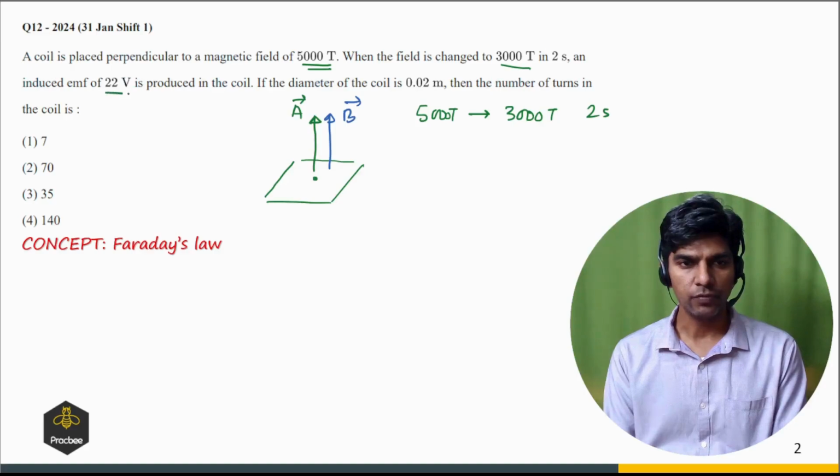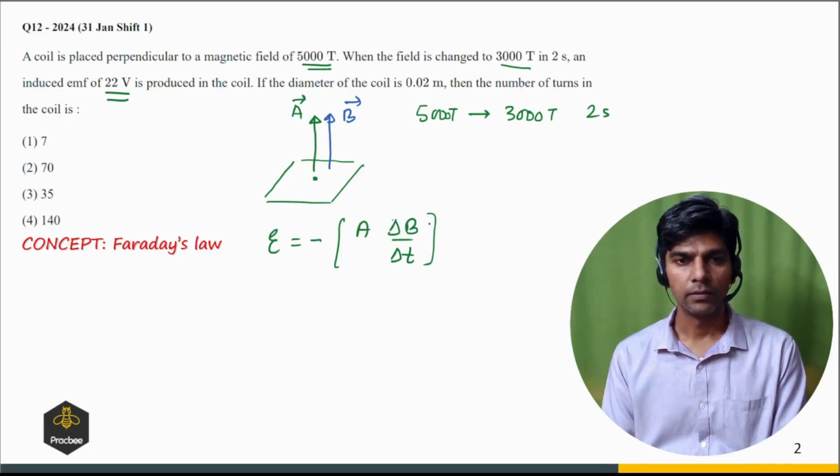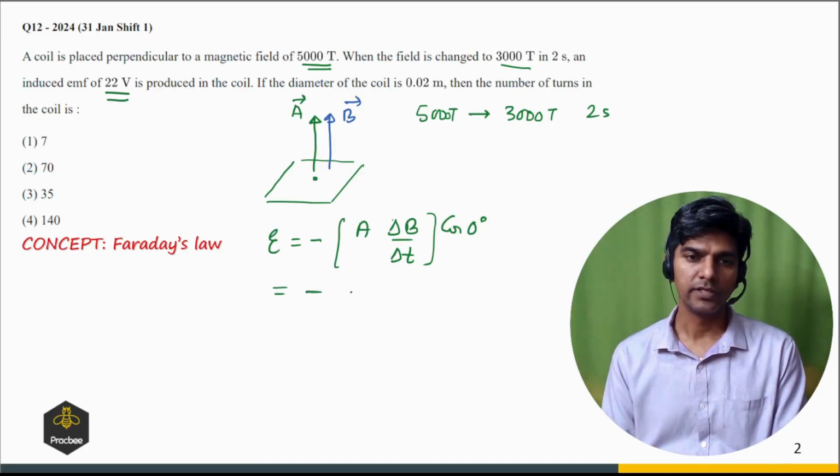An induced EMF of 22 volt is produced in the coil. So we can say EMF induced will be minus of, that will be, field is changing, so area times delta B divided by delta T, right? And the cos of 0 degree. So what is the area?